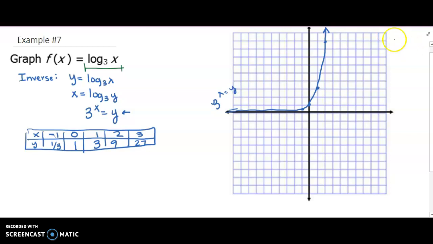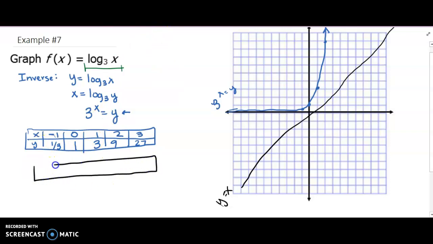Okay, now the inverse of this will be a reflection over y equals x, or what I like to do is I can make this chart again. And all I'm going to do is flip my x and y.